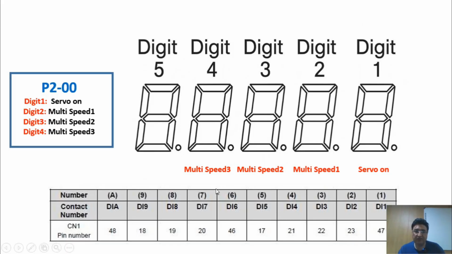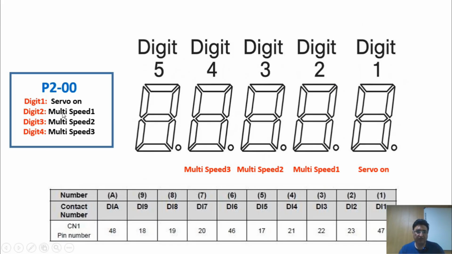Similarly, if, for instance, we set its first digit to A, which in hexadecimal notation represents the numerical value of 10, then terminal 48, also from our digital inputs, will be assigned to the servo on function. The exact same principle applies to the other subsequent digits within the parameter. For example, the second digit relates to the multi-speed 1 function.